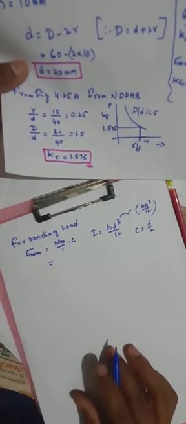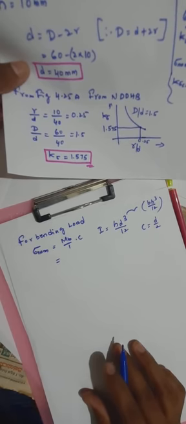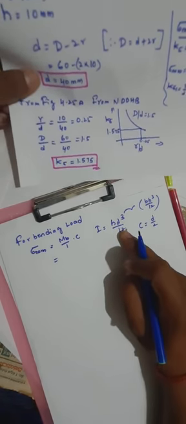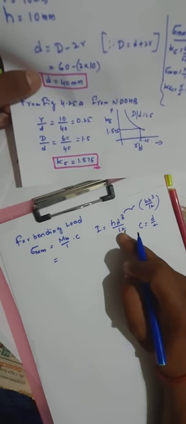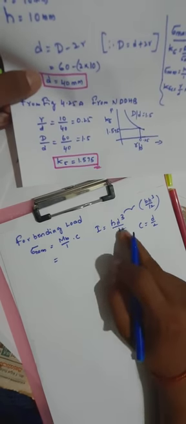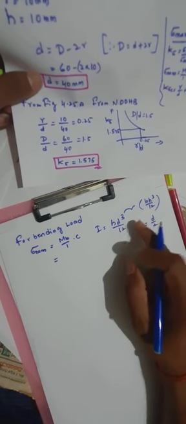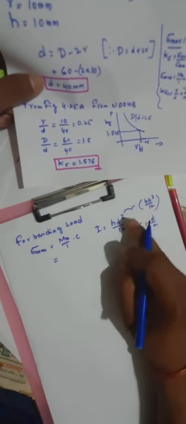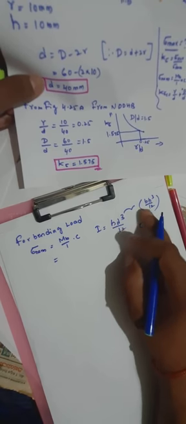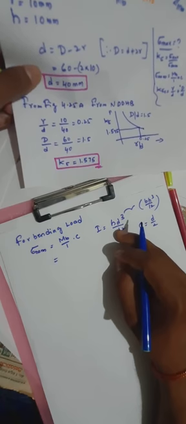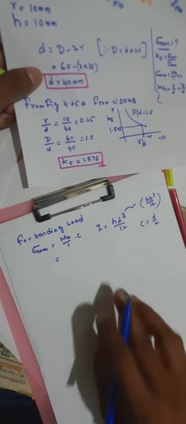This equation is available in the design data handbook, or you can directly remember it. You just replace B in terms of H or H in terms of B, with respect to the nature of the problem.